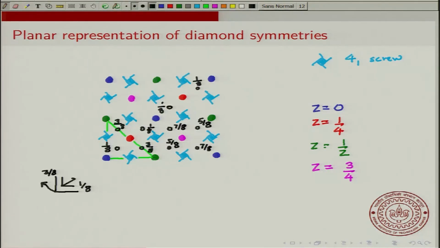this is a four-fold roto inversion axis. So there is a four-fold roto inversion axis located right here.